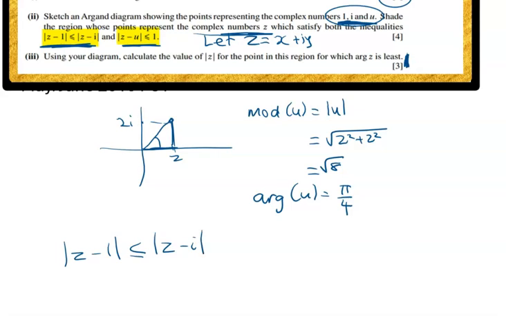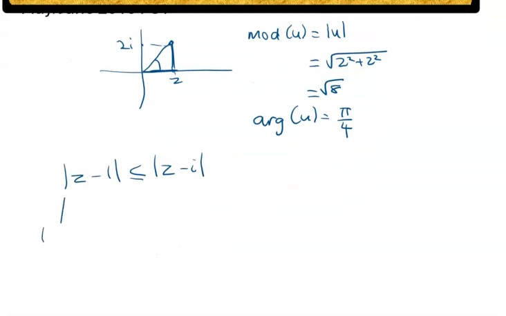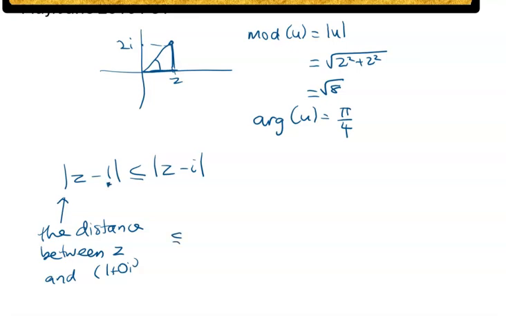So this first inequality is saying in words, distance, so that's what the modulus signs mean in common sense English, the distance between my point z and the point 1 plus 0i, so this point here, is less than or equal to the distance between z and 0 plus i.